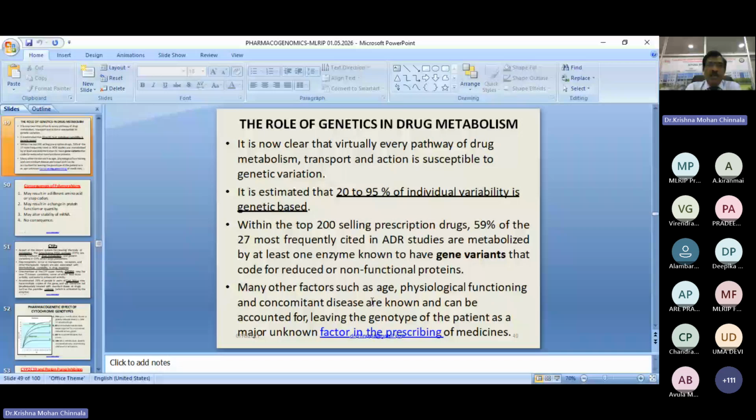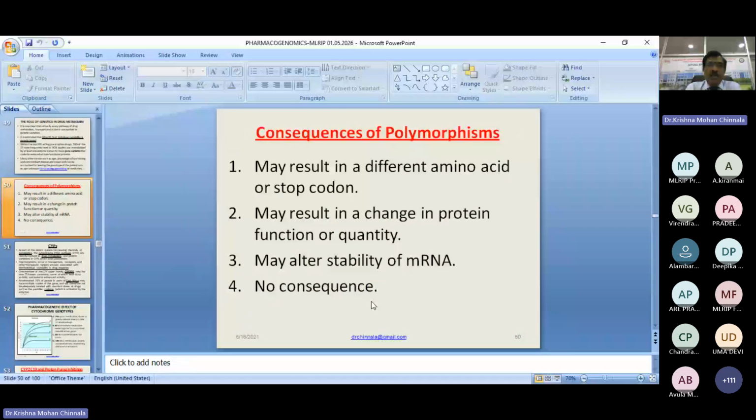So what are the consequences of polymorphisms, what can we expect to happen? It may result in a different amino acid or stop codon, may result in a change in protein function or quantity. Okay, we already discussed the importance of quantity also, function and quantity.